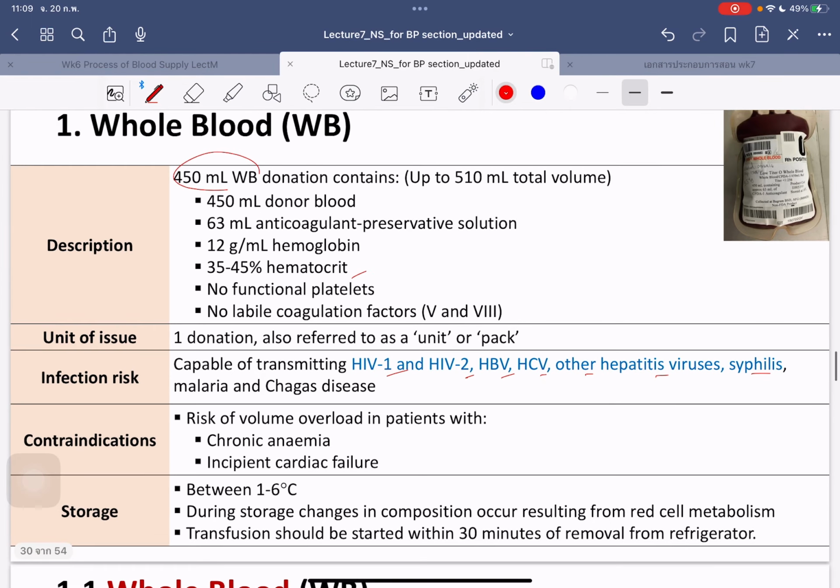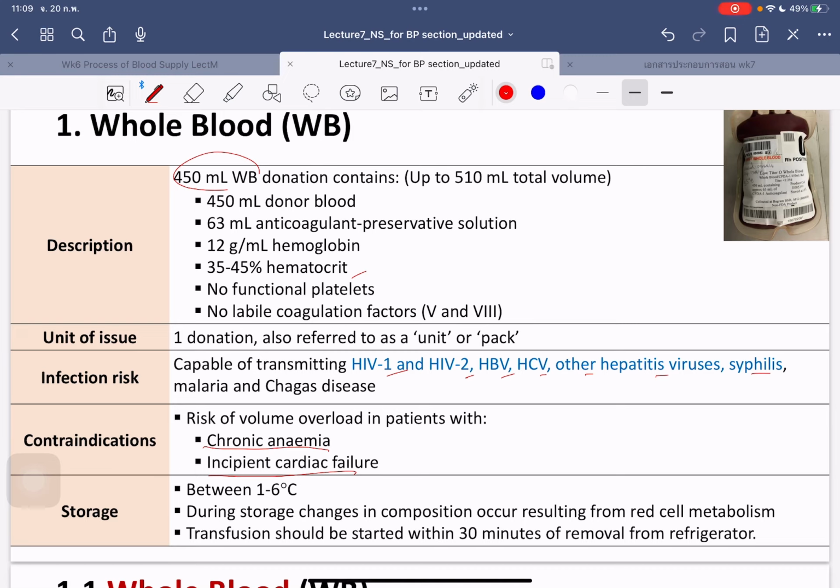When you transfuse this component to the patient, you just need to understand what is in the blood component. Whole blood has everything. It means that if the patient has anemia, you can give whole blood to the patient. That is the key idea. If you don't have enough red blood cells, you can give whole blood to the patient.